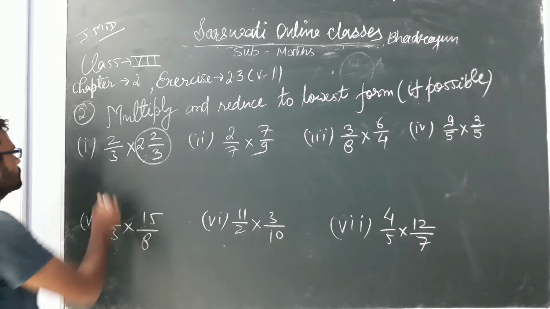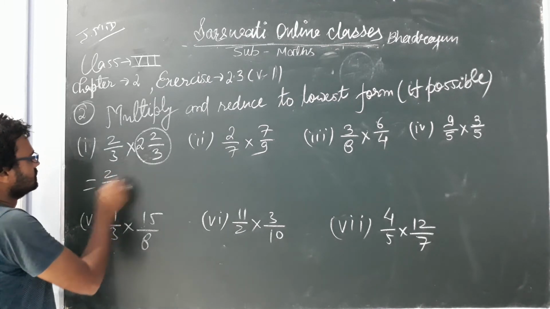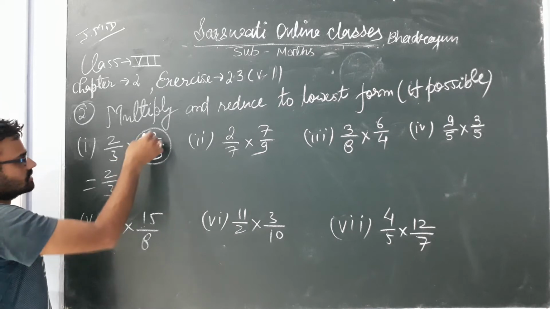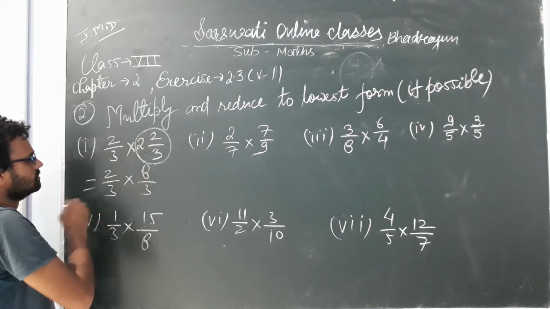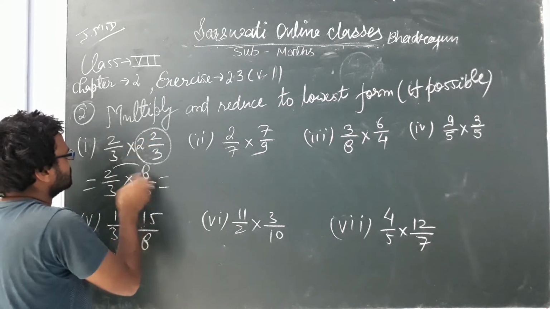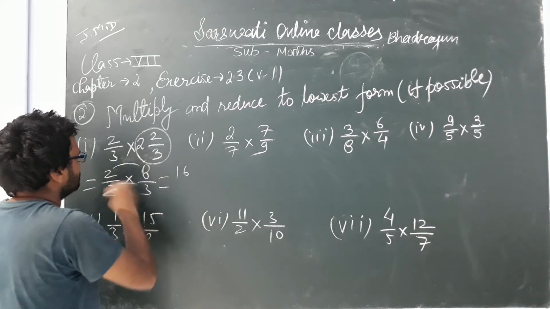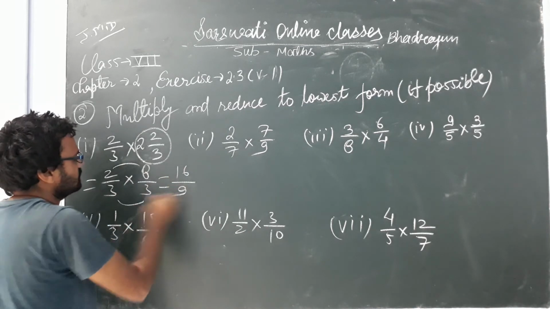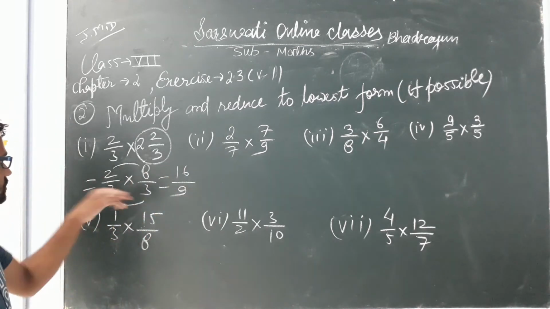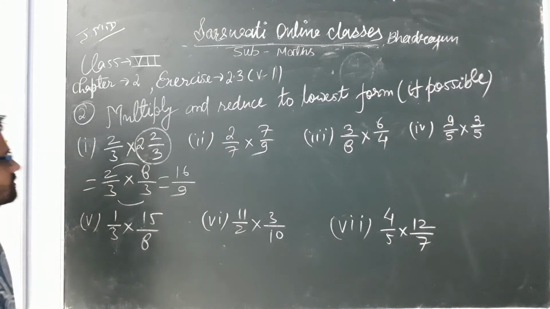Okay. So 2 upon 3 multiplied with 3, 2 3s are 6, 6 plus 2 is 8, 8 upon 3. Okay. Now what we will get is 8 2s are 16 upon 3 3s are 9, by multiplying numerators with numerators, denominators with denominators.